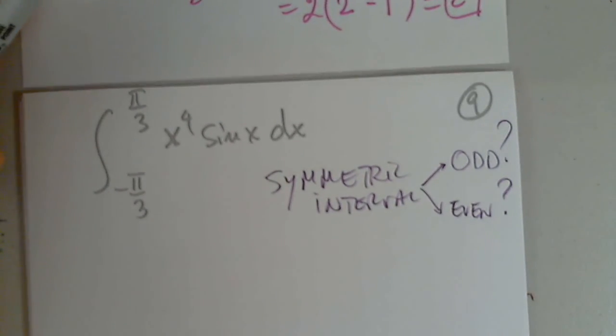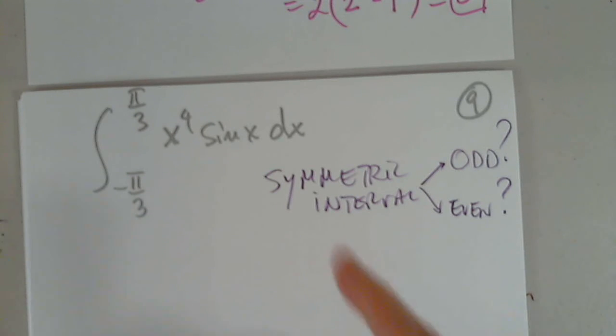So let's look at the function. We've never seen a symmetric interval yet with the substitution or in general. So here's an example in which the interval is symmetric, and we're asking ourselves, is the function odd or even? What will you say? Is the function odd or even? Or none of the above?